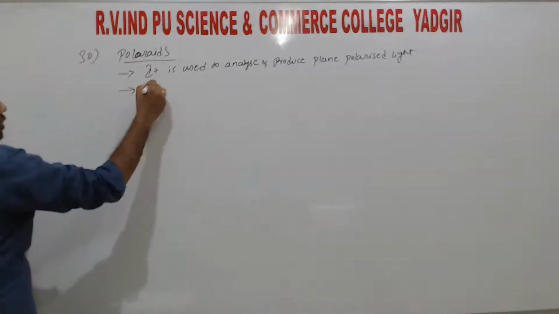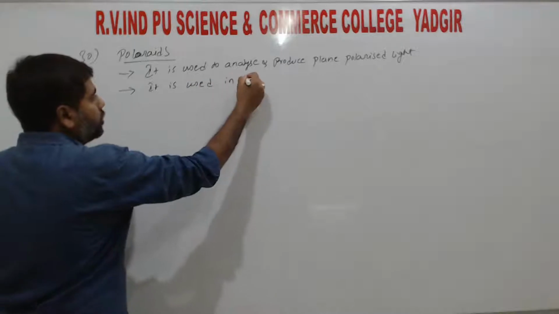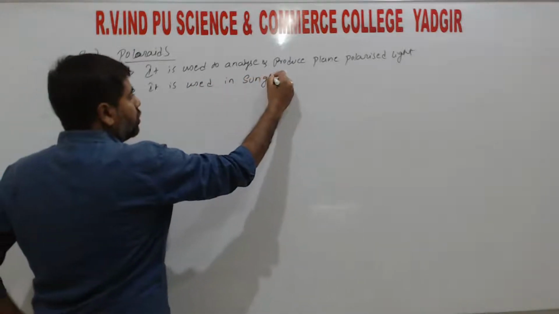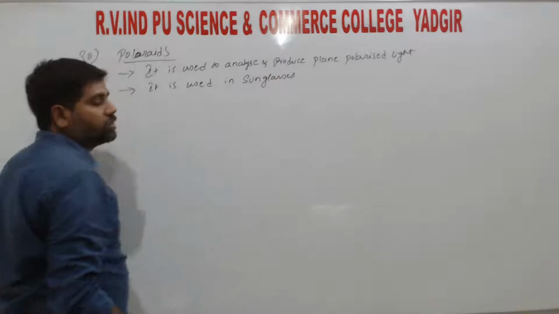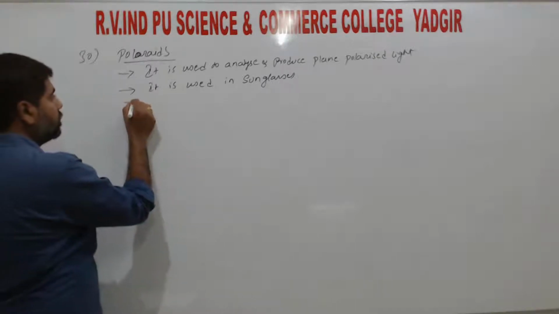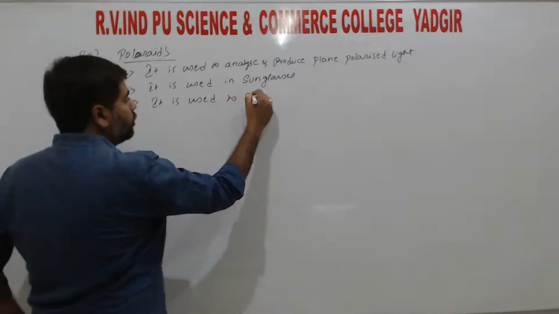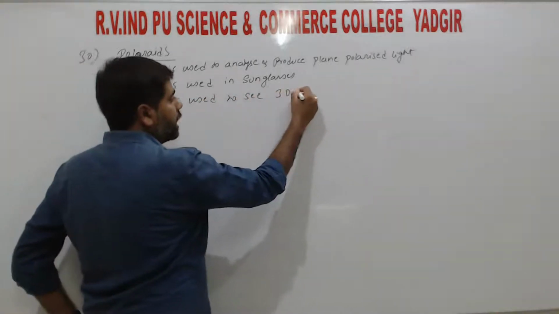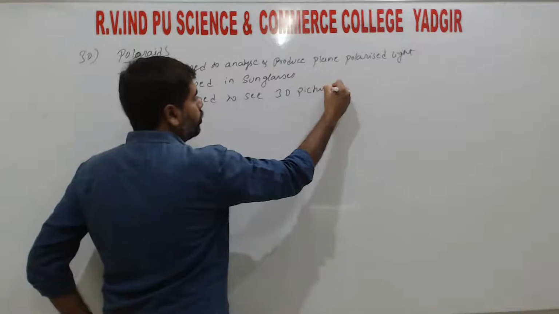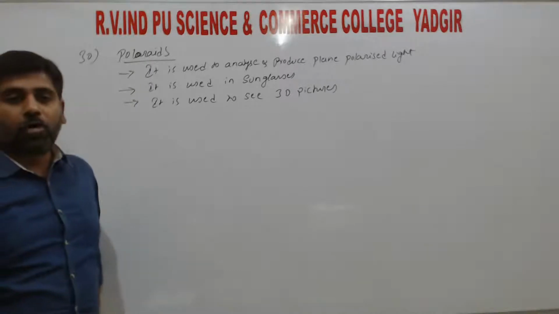The second one, it is used in sunglasses, that is polarized sunglasses. We call that the polarized sunglasses, right? Next, it is used to see 3-dimension pictures, right? These are the 3 applications of polaroids.